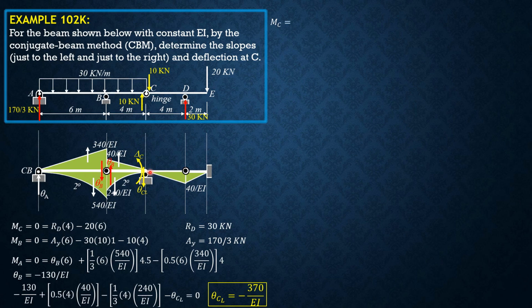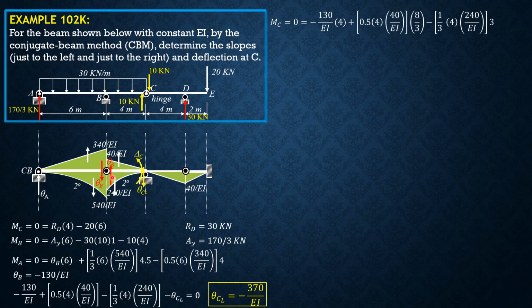Then summation moment C, or M_C, equals 0, clockwise positive. So negative 130 over EI times 4 for theta B times 4, plus 0.5 of 4 times 40 over EI, let's copy these terms, then we just include the moment arm. 2/3 of 4 is 8/3, the moment arm. Then minus 1/3 of 4 times 240 over EI.